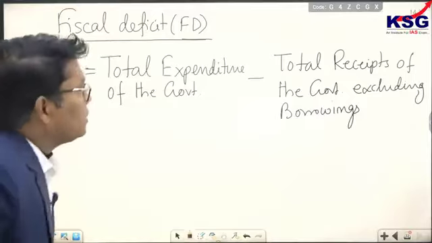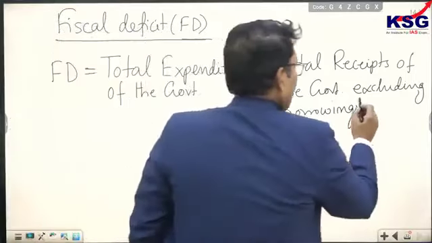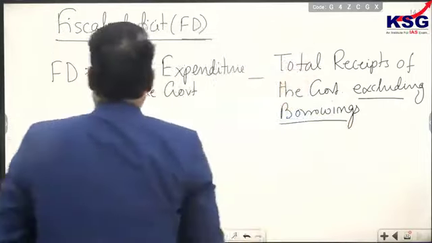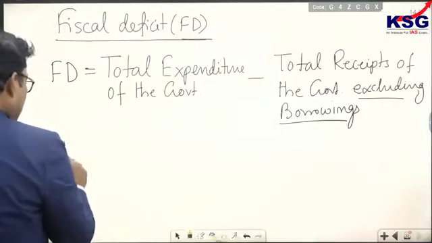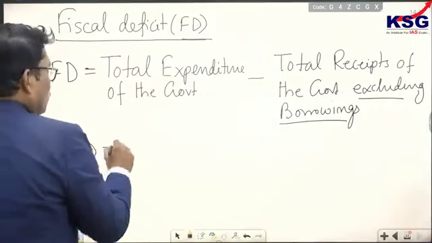Why are we excluding these borrowings? You can also write FD in this format. FD is equal to total expenditure.